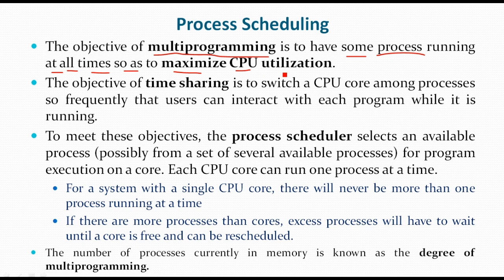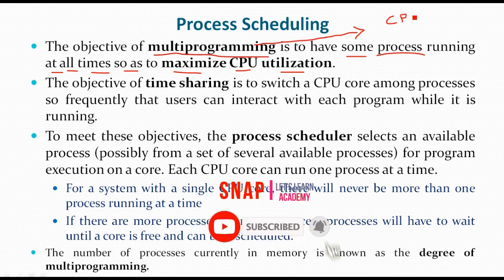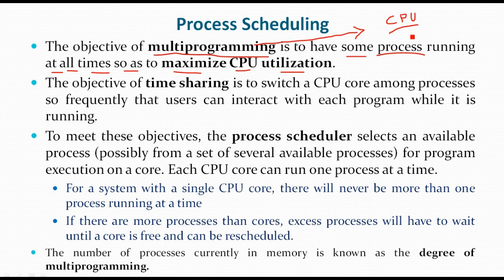The main purpose of multi-programming is that we don't want our CPU to keep idle, so we give n number of processes to the CPU so that it is always busy, so that we can achieve maximum throughput and maximize CPU utilization. That is the main objective of multi-programming.